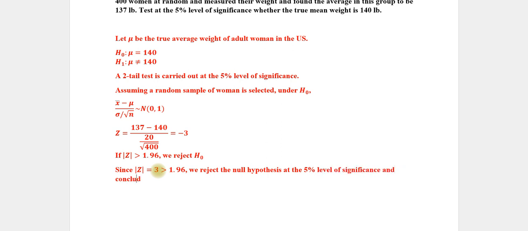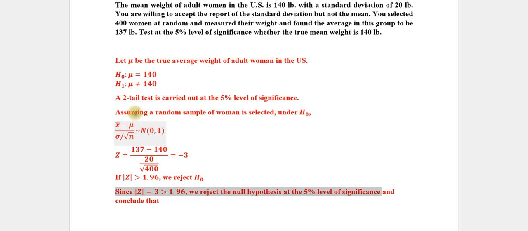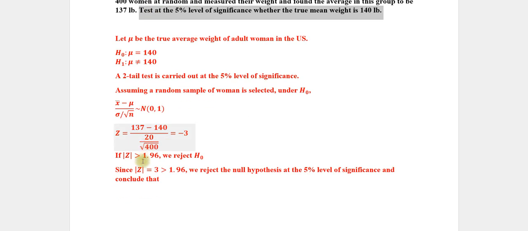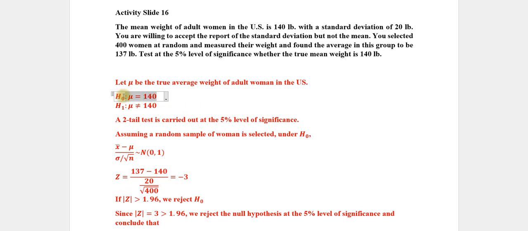and conclude that. Don't forget, in all your conclusions, it's going to be technical first, and then it goes into answering the question itself. So, what was the question? Test at the 5% level of significance whether the true mean weight is 140 pounds. So, your conclusion is that since it is greater, we rejected the null. The null says that it is equal.